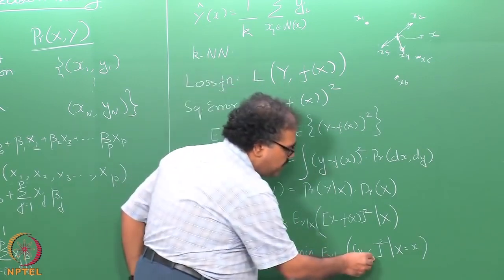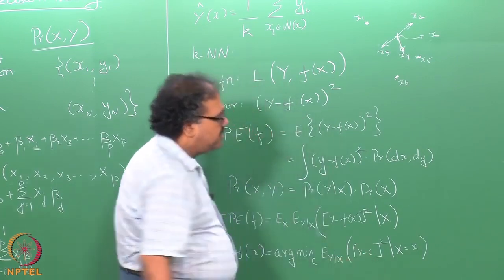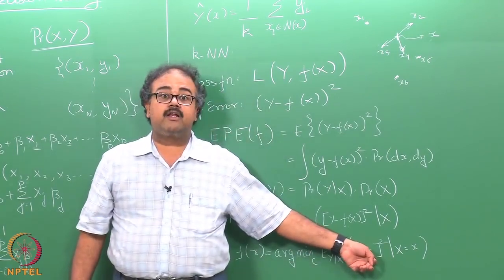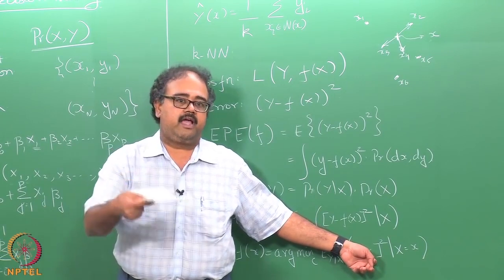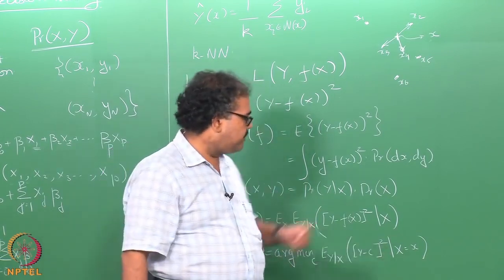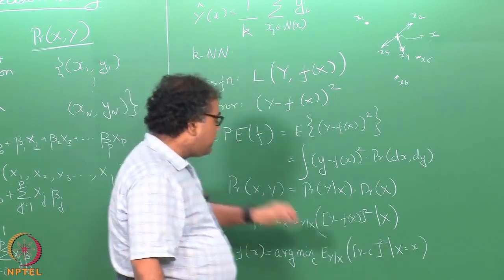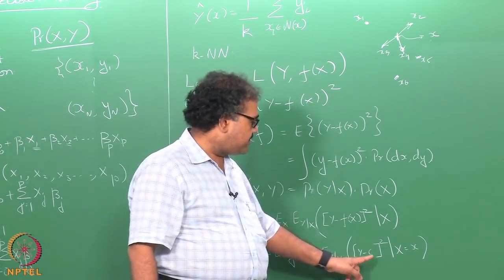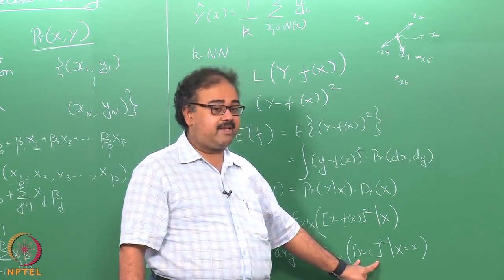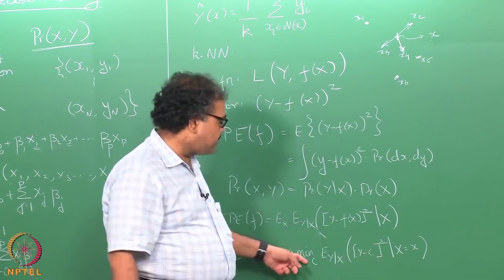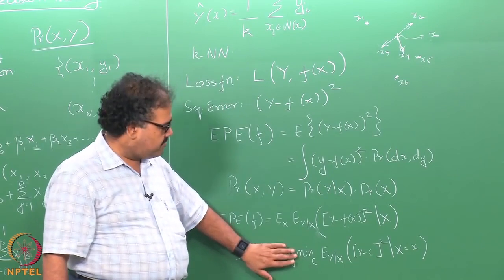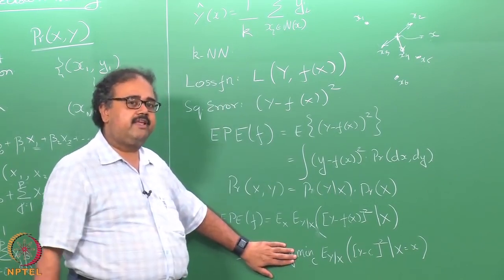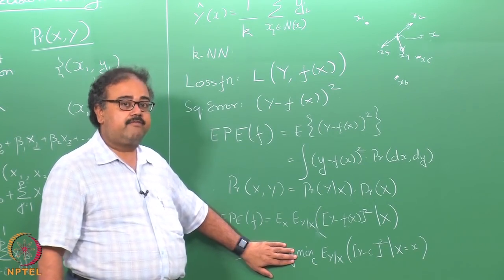So, that output let me call C. C is the output that I am going to give for f of x. So, what is the value that I should choose for C? It should be such that the error, which is y minus c squared, is as small as possible. So, I am minimizing over the different possible values of C that I could assign for f of x.